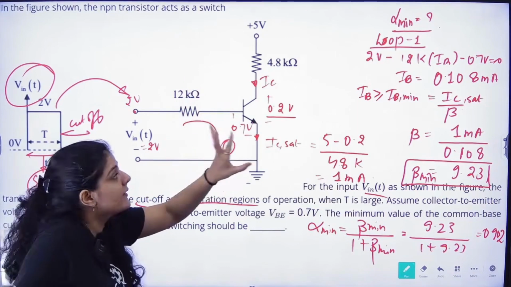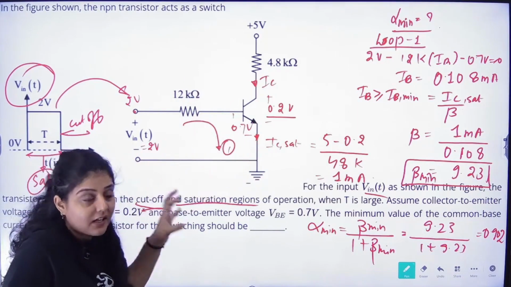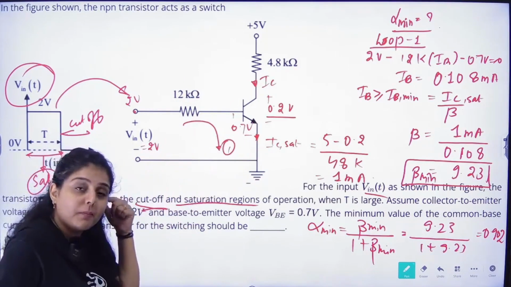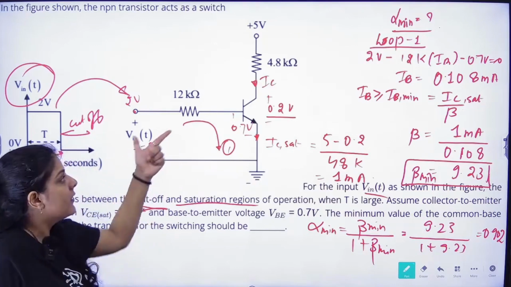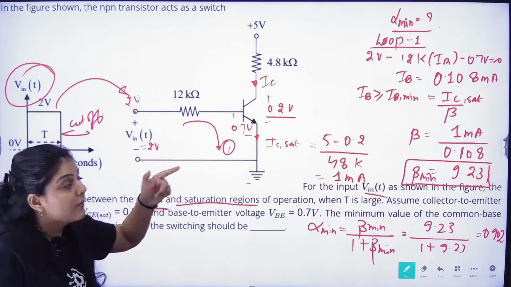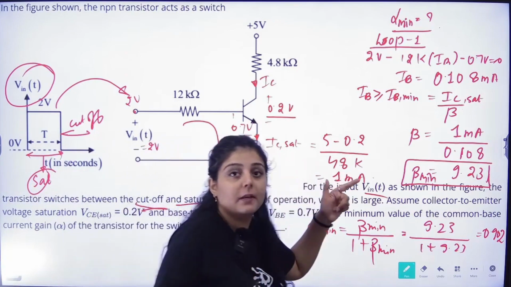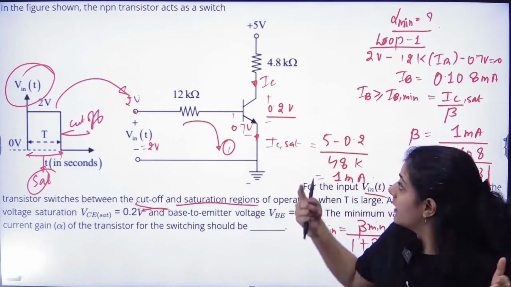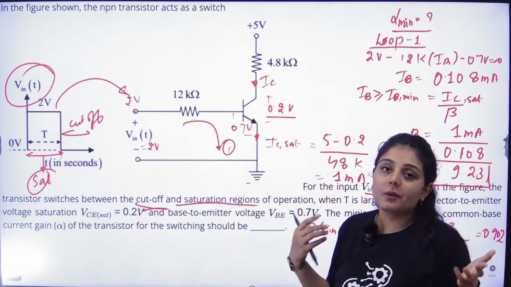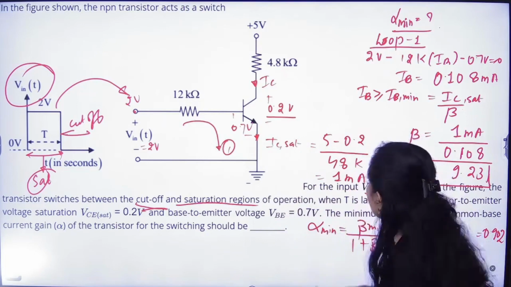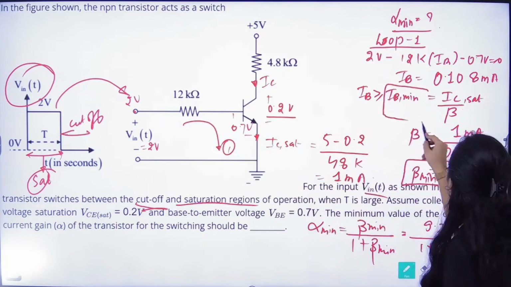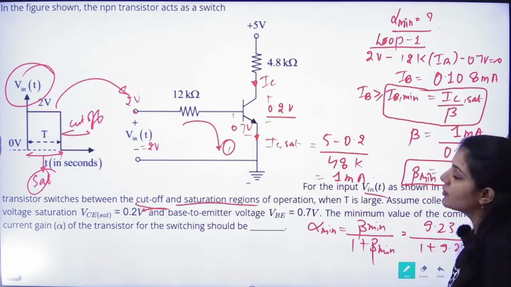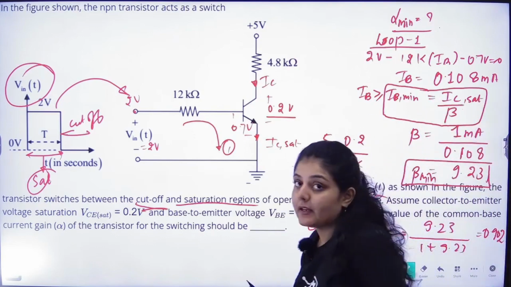In this case, you should know one condition: that this particular BJT is in saturation mode. If it is in saturation mode, then minimum current will be flowing inside the base, and the current flowing in the collector region will be known as IC saturation. So the formula of minimum base current is IC sat by beta.